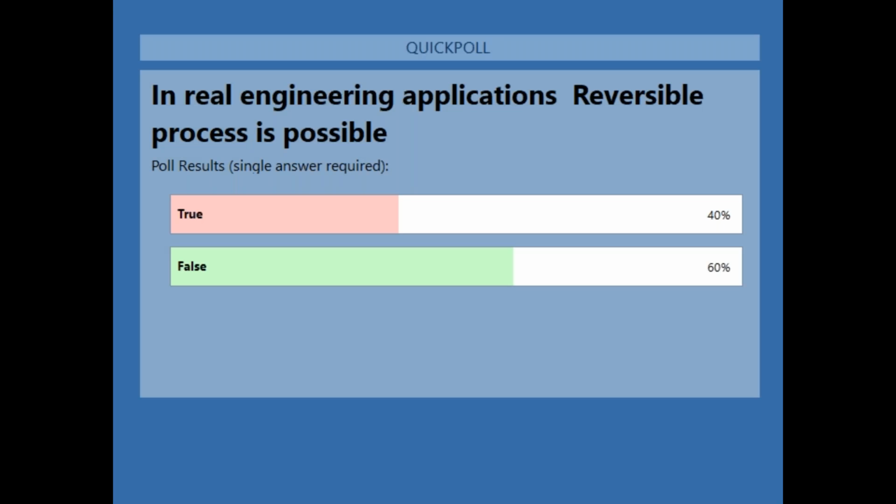You see that 97% of the students have voted, and of these 40% have not got this correct. The answer is that in real engineering applications we cannot have a reversible process. Saying a reversible process is possible in real engineering applications is false. 60% of the students have got it right. So understand this.